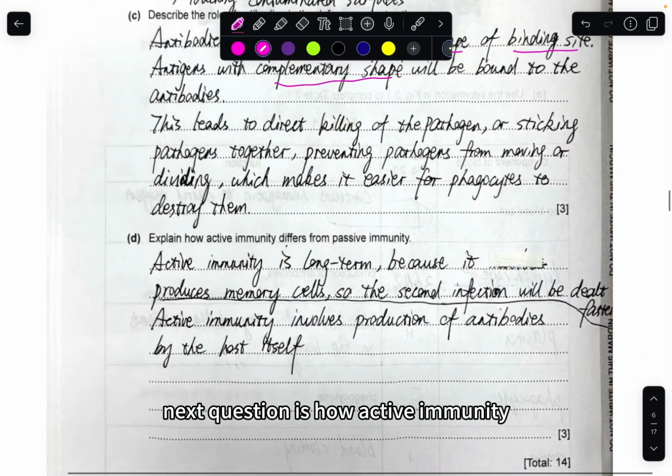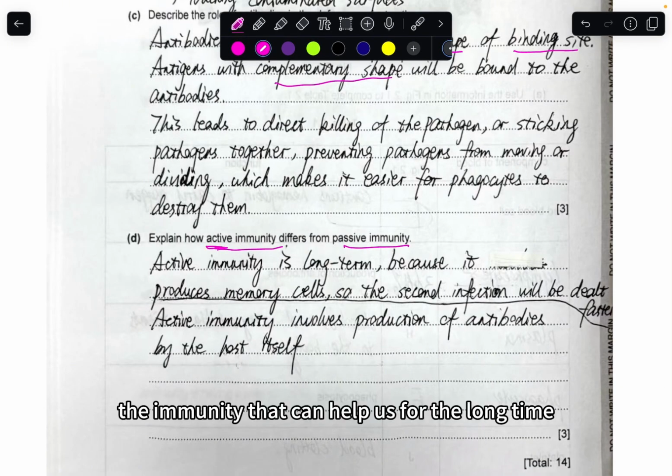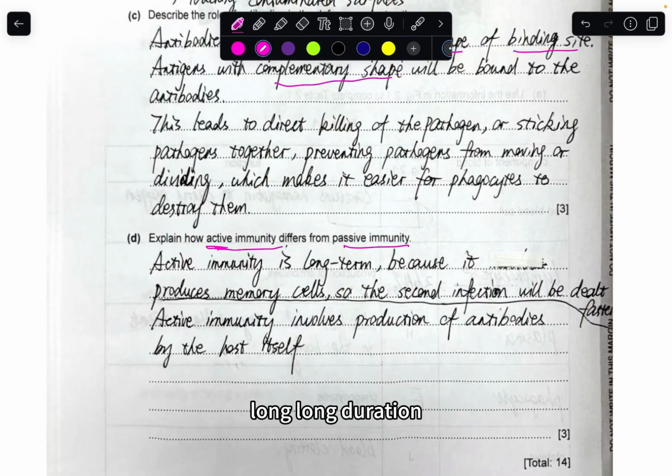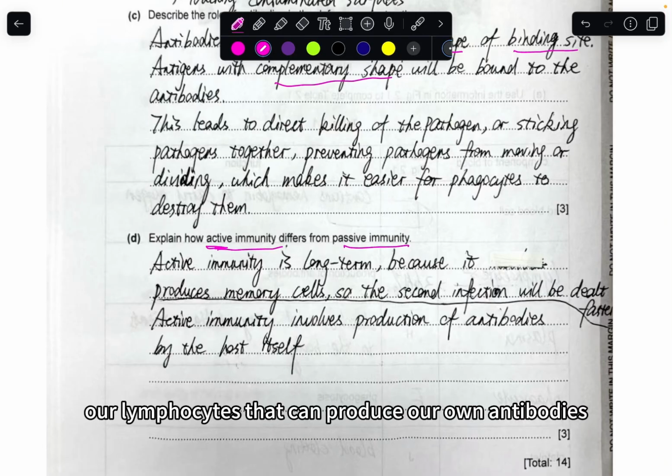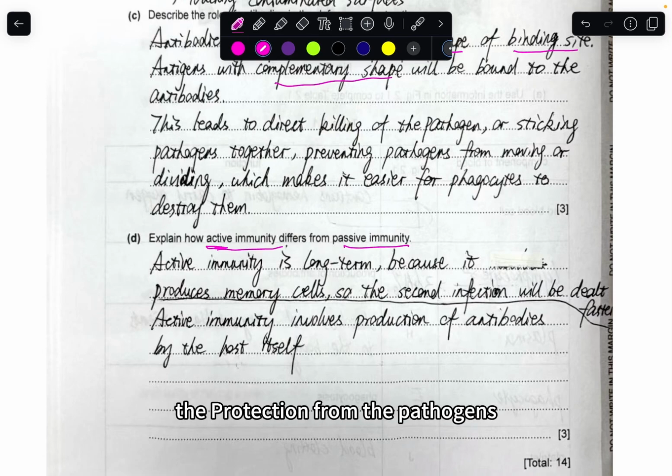The next question is how active immunity is different from passive. Active immunity is the immunity that can help us for a long duration, where our body, our lymphocytes, produce our own antibodies, and they also produce the memory cells that give us protection from the pathogens for a long duration. Vaccination is an example of active immunity.